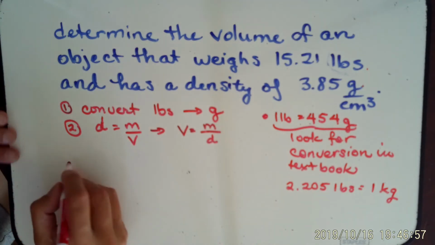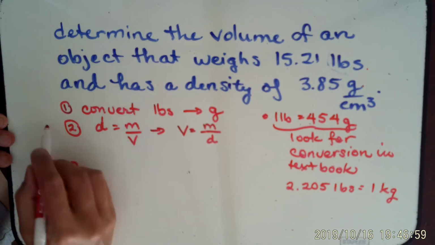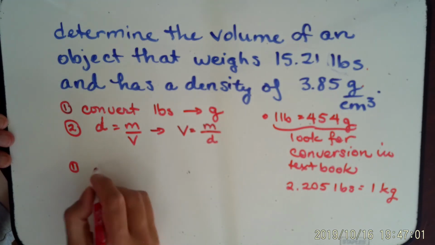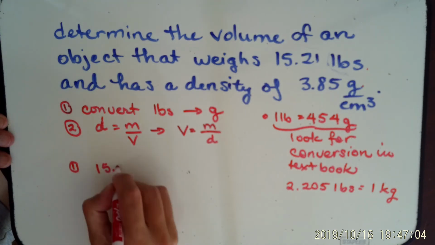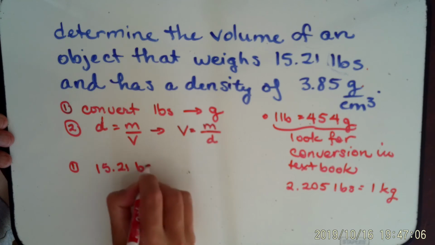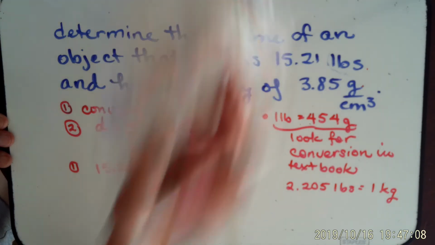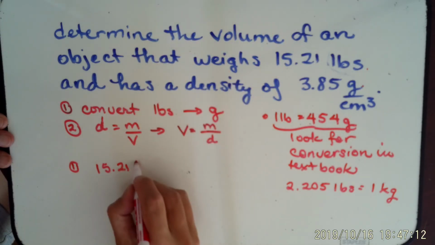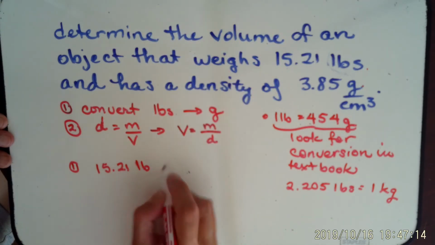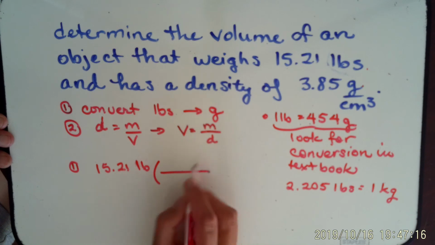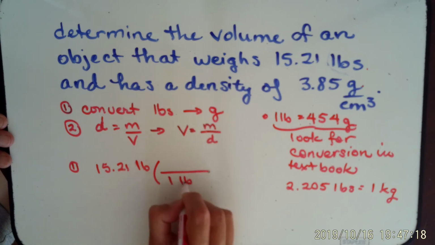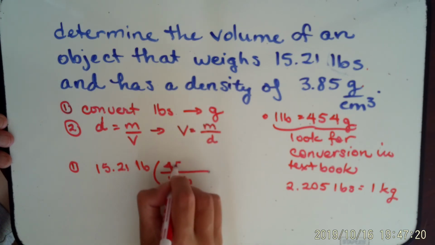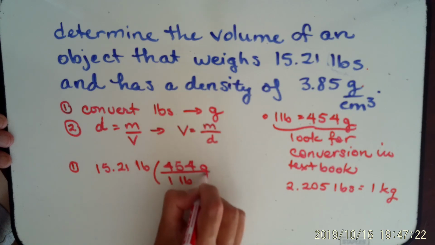So for step 1, before we even use our formula, 15.21 pounds. Why do I keep using B for pounds? It's LB. Our conversion, you know that 1 pound is equal to 454 grams.